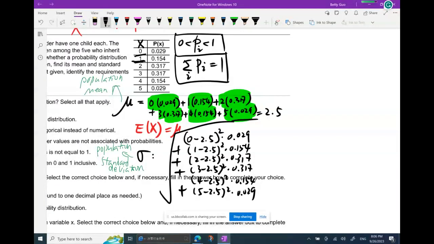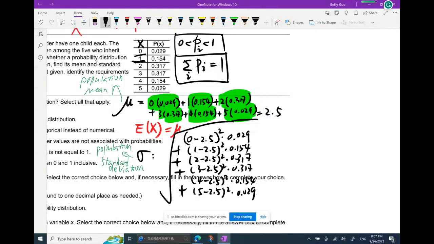Let me redo it. I'm so sorry. Firstly, we use each value minus mu, and then we square those differences. Then we multiply each square by its corresponding probability, add them up, take the square root, and then we have the sigma. I'm not going to do that.